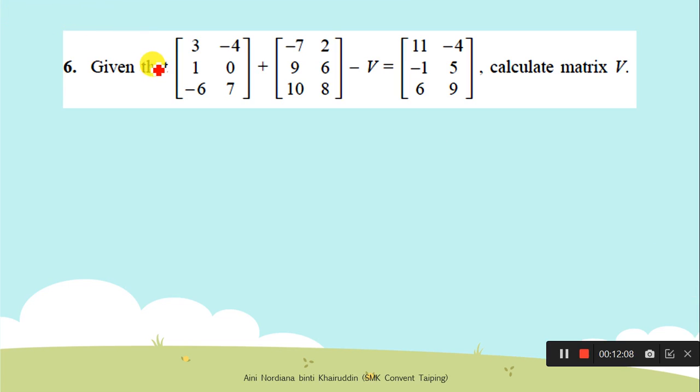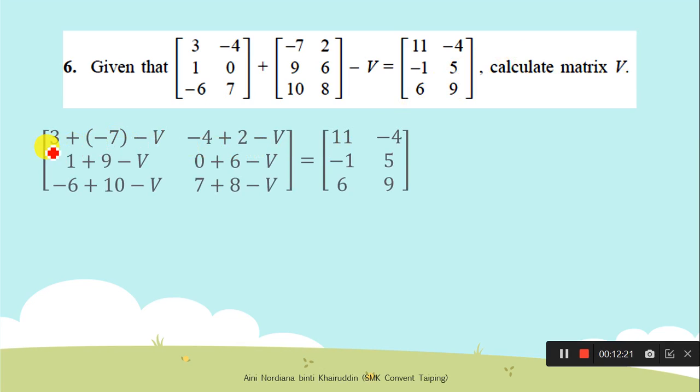Question number 6. Given that this matrix plus this matrix minus V matrix equals to this. Calculate matrix V. So this is for first row, first column, 3 plus negative 7 minus V. This is actually for first row, first column.